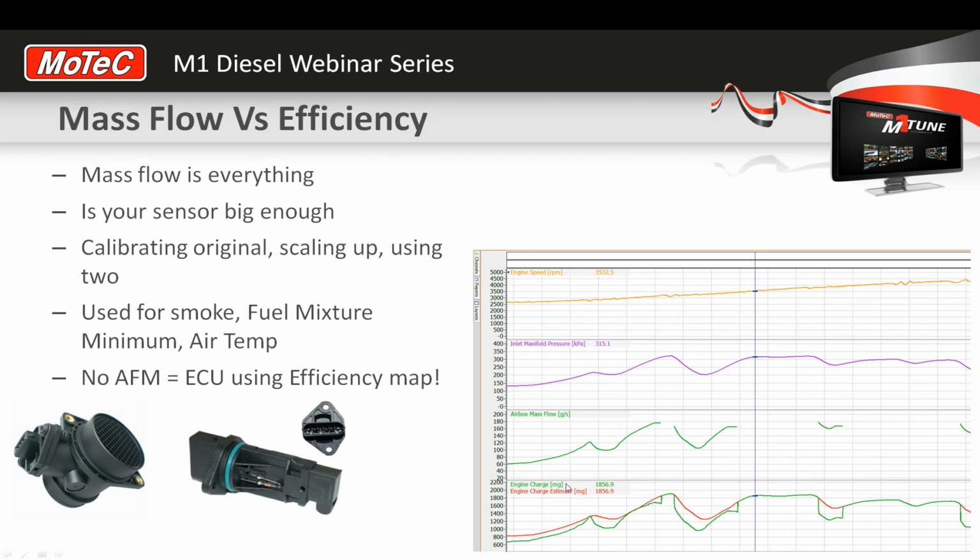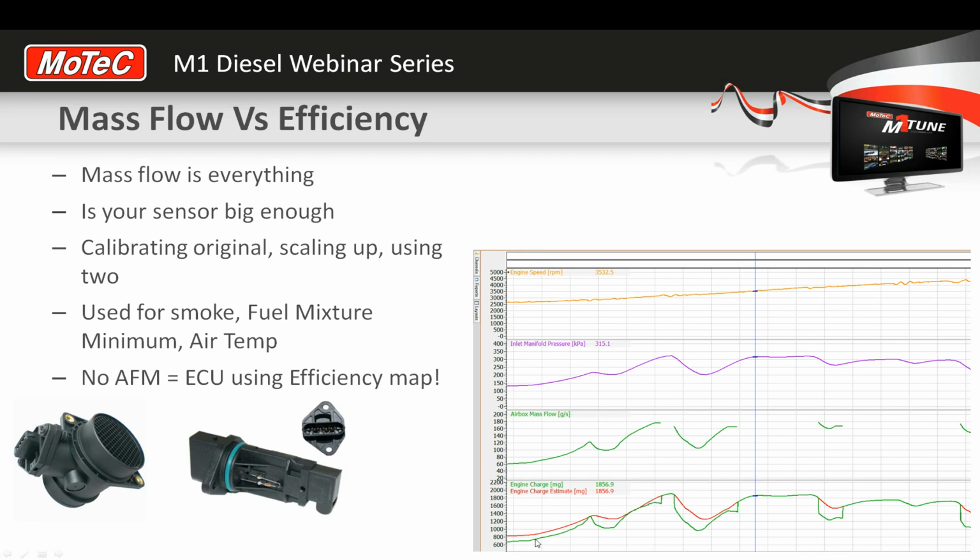So the green line is the actual engine charge as derived from the air mass flow meter, in milligrams. And again, if the calibration's accurate, then that's pretty much the air that's flowing into the engine. If we know the fuel that's flowing in milligrams, we divide the two together and we've got ourselves an accurate air-fuel ratio.